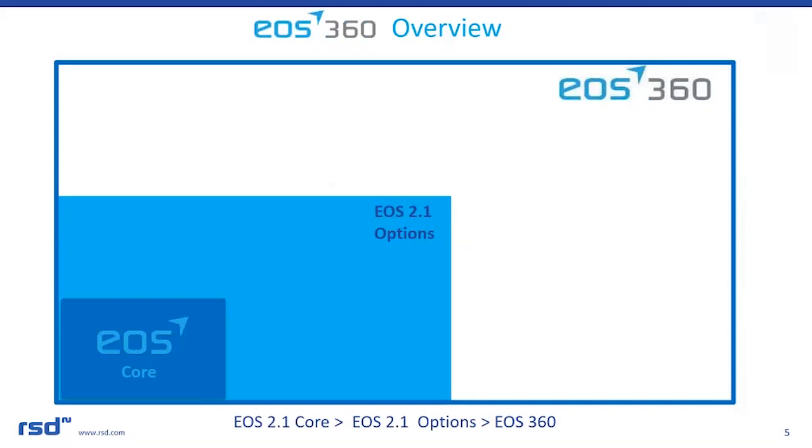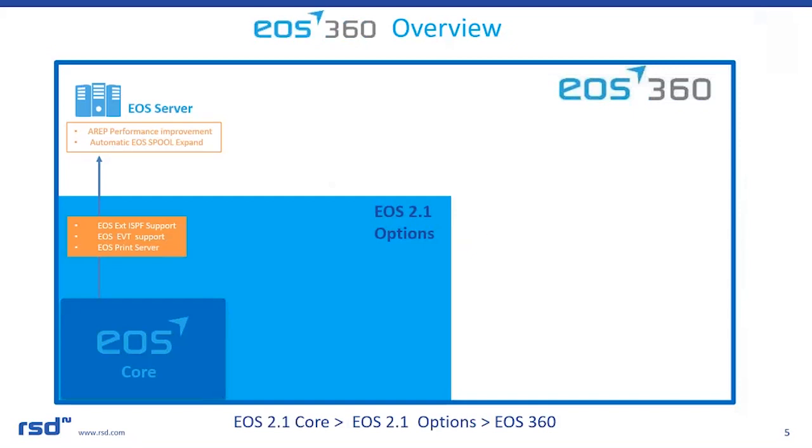We've divided into 5 modules. So the first is EOS Server. This is the database itself, and then also ISPF, EVT, VTAM, TCP/IP, and then print support.